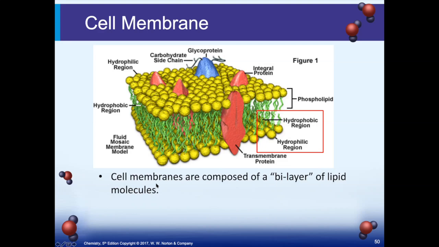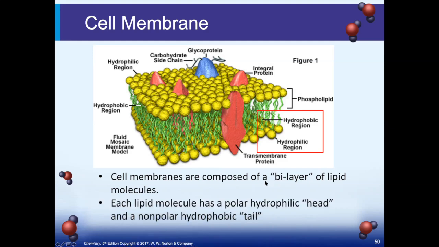This is not part of your handout because I just want you to use it as an example to help you understand the idea. It's not something that I'll be quizzing you on specifically. But if you're a biology major, then you probably have heard this stuff before, and you certainly could be quizzed over it in your biology class. So the cell membranes are composed of this bilayer of lipid molecules, which have the hydrophilic part and the hydrophobic part.